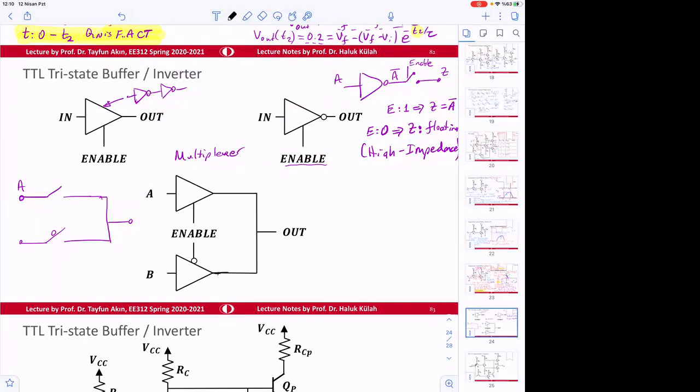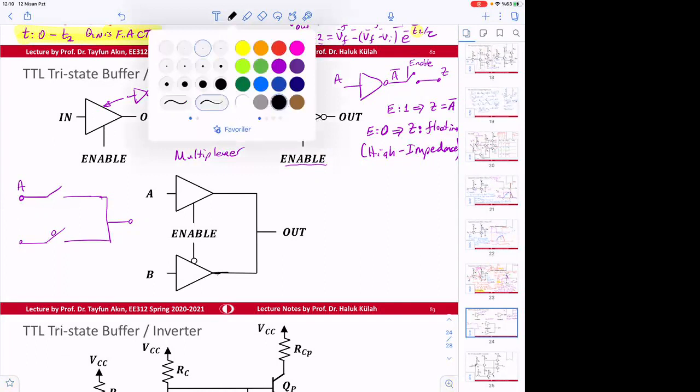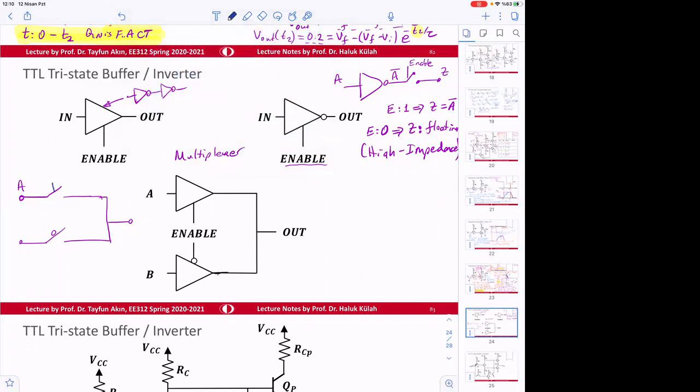Okay, so this will be the device. Here, when we connect enable here, this is B. So Z is going to be determined by enable.